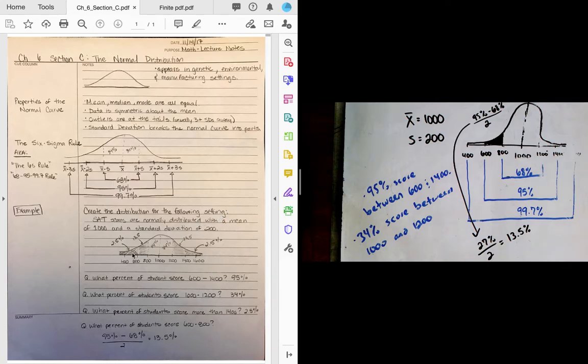In the notes, there's a nice little picture that's broken some of those distributions up for you already, although it is missing 2 pieces, so I'm going to redraw it right here for more reference.